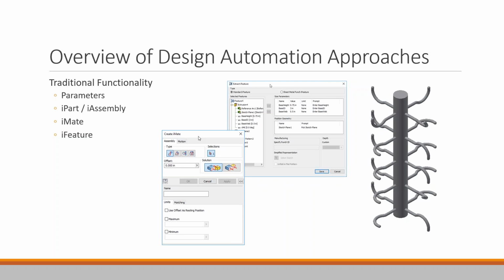I like the Content Center for standard parts, or slightly different parameter values. I like the Content Center for definition and implementation of those things. And then two things that I think most Inventor users, in my experience at least, don't take advantage of: iMates and iFeatures.